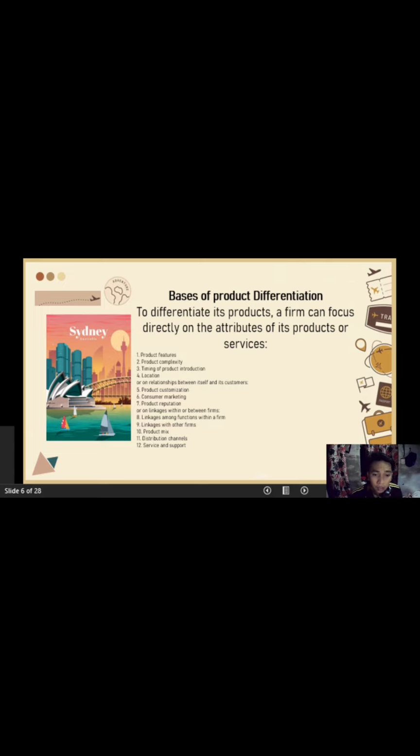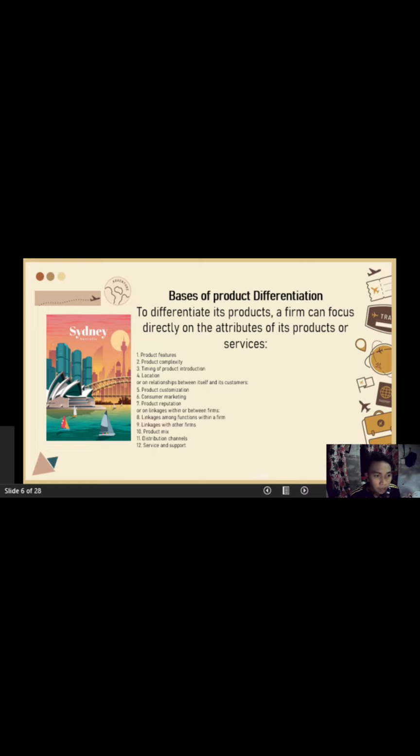Instead of differentiating products or services based on linkage between function within a single firm or linkage between different products, differentiation is based on explicit linkage between one firm's products and products or services of the other firm.